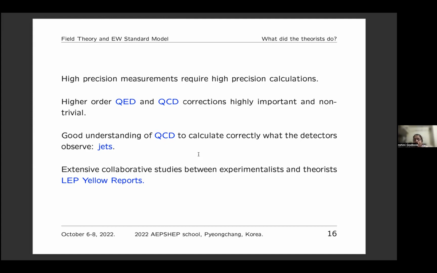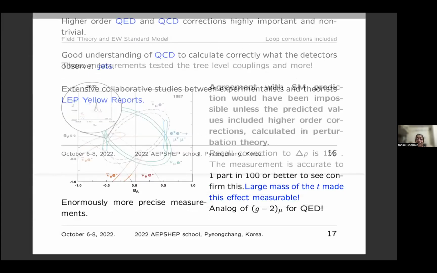Extensive collaborative studies between experimentalists and theorists produced a large number of LEP yellow reports, to which some of us contributed, and some parts we studied as young postdocs, getting together the knowledge of the group of high energy physicists. This was, I would say, the beginning of what we see as Snowmass studies and so forth. These were the early studies of that kind.